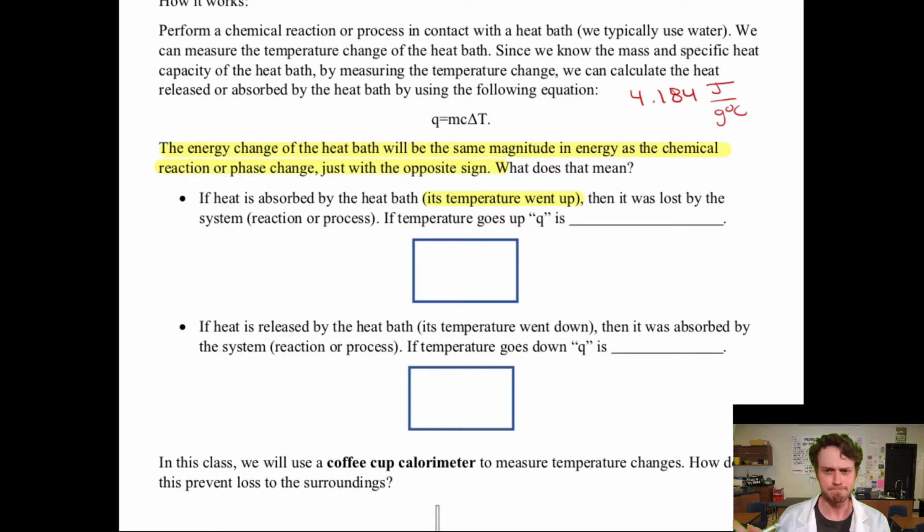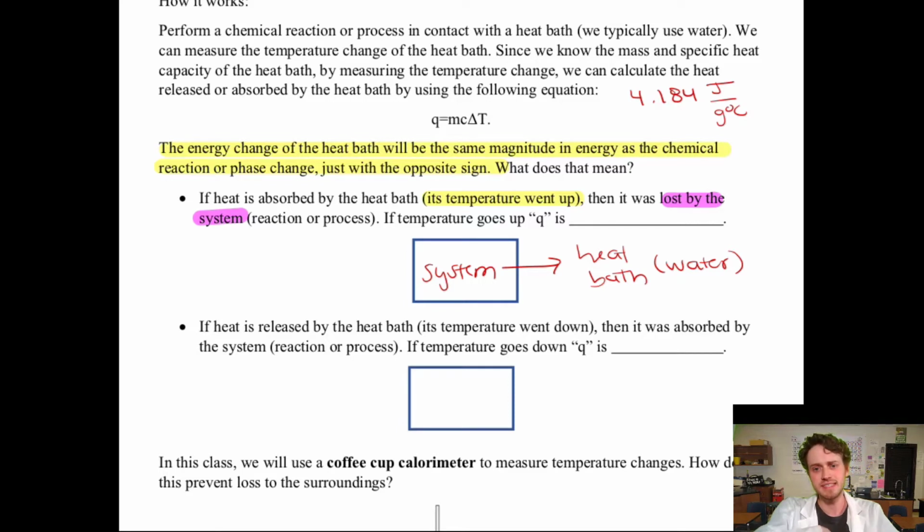So we would say that it was lost by the system, and as we've talked about before, the heat is going to leave the system into the heat bath, which we typically say is water. So if the temperature goes up, that means the system lost heat, or released heat. So we say that our Q of that process is negative.